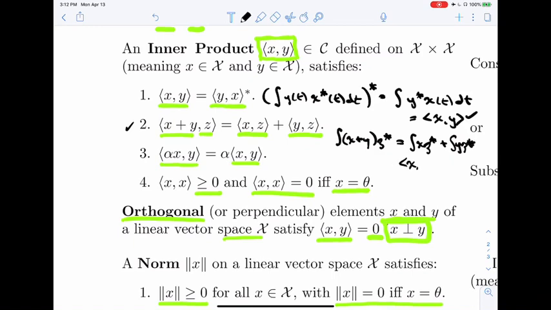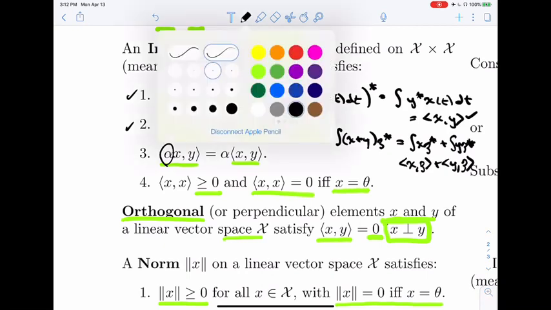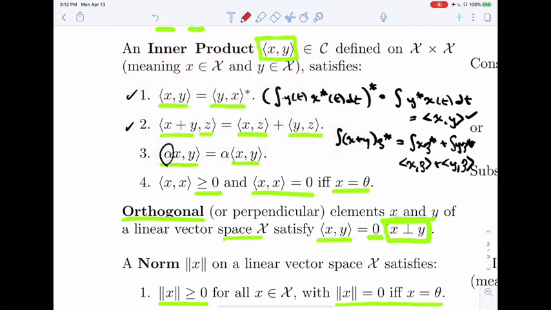Which is the inner product of x with z plus the inner product of y with z. So we showed that that second one is also true. The scale factor by alpha is almost too trivial to worry about. You put an alpha inside, and I could certainly pull that out. So that one's easy to show as well.